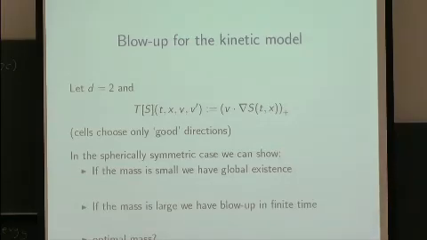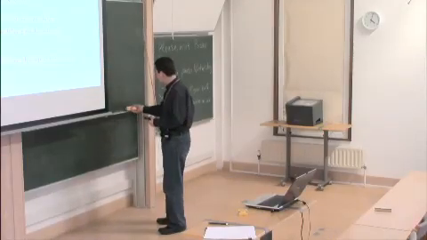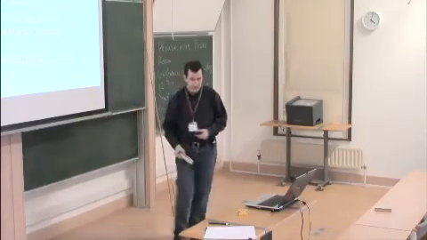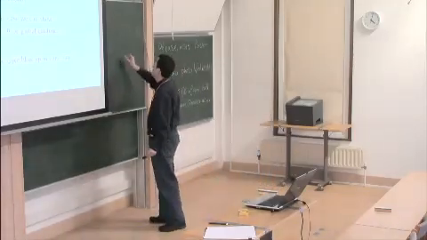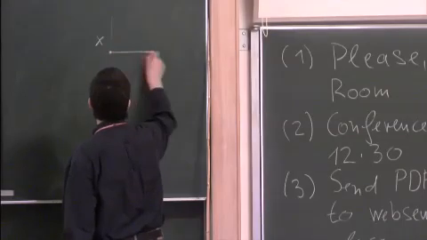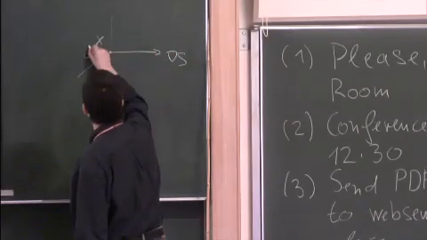So what does this kernel do? I don't know, perhaps it's a mathematician's kernel. So if a cell is sitting at X, trying to decide where to go, the gradient points this way, so V prime is this.